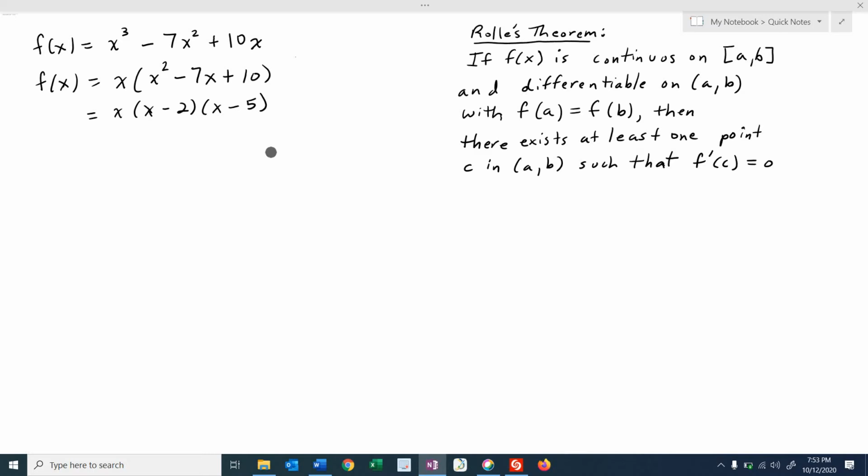Now, the reason I factored this is because it makes it a little bit easier to see what interval might work. Notice that if x is equal to 0 here, f of 0 gives you 0. So does f of 5.